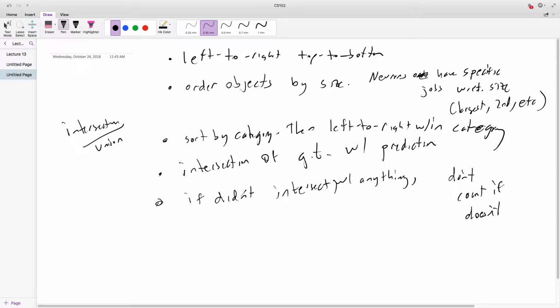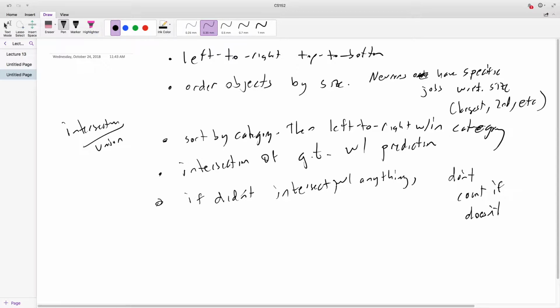Number 3, we still have the same problem of movement. Number 4, we again have the same problem of movement because as objects change size, these intersections may change, and that may change other items.